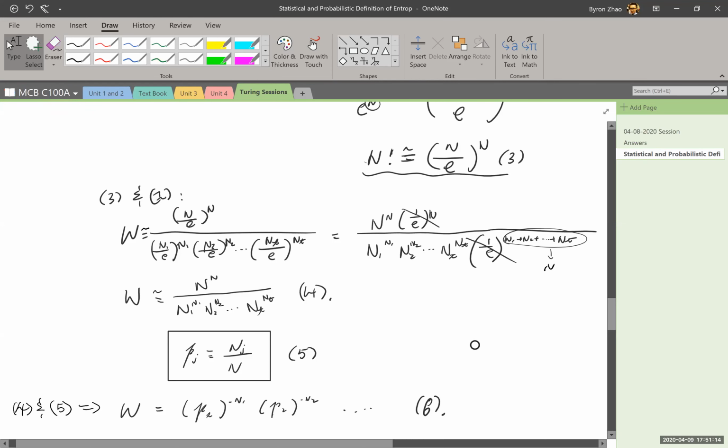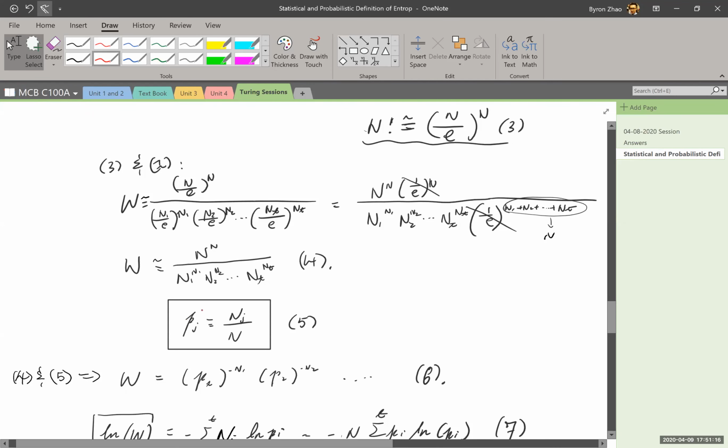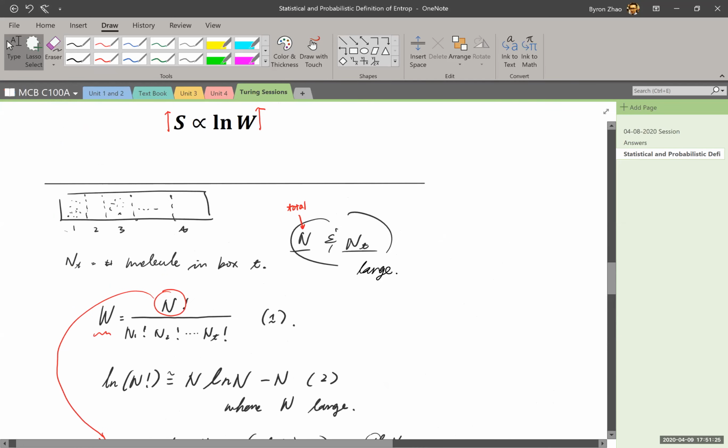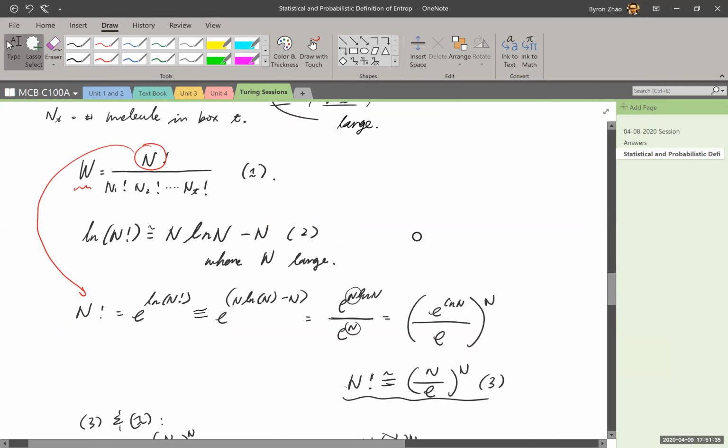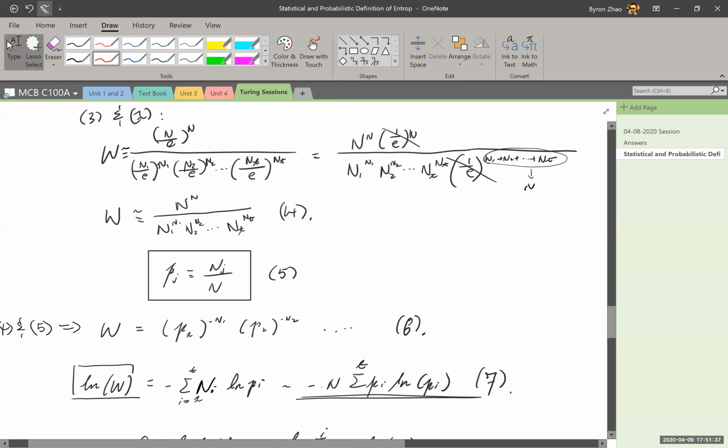And then if we define the probability of finding an atom in the Jth state, so if we go back to this box, for example, this is one of the J, this is another J, all of them can be called J. So we define the probability of finding one molecule in the Jth state as Nj over the total number of molecules.